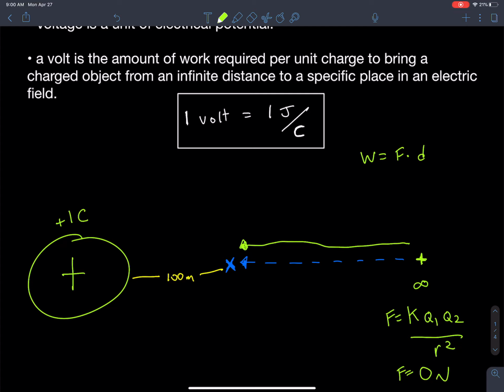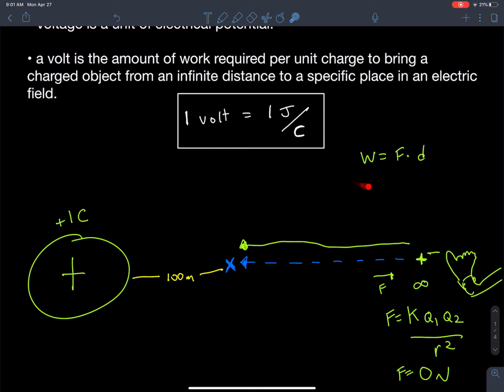So if I had a hand or a finger, okay, that's a bad drawing, and I'm trying to push that charged object with my pinky finger, I'm going to start to experience a force that's pushing me in the opposite direction. And as I get closer and closer to that charged object, I'm going to have to put a lot more force into it in order to get that charged object over there.